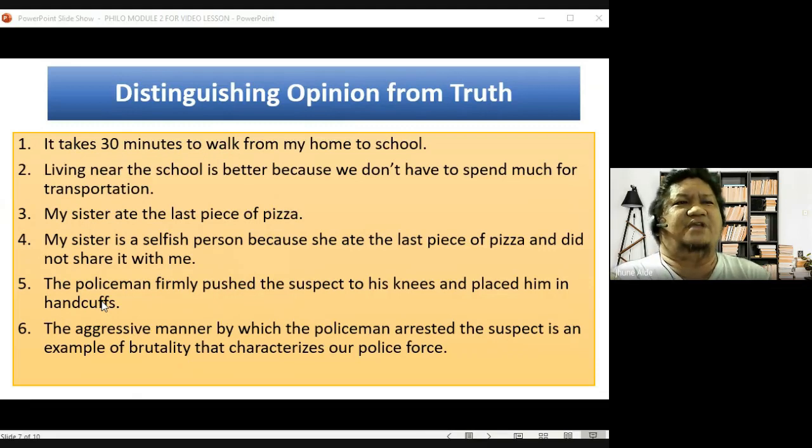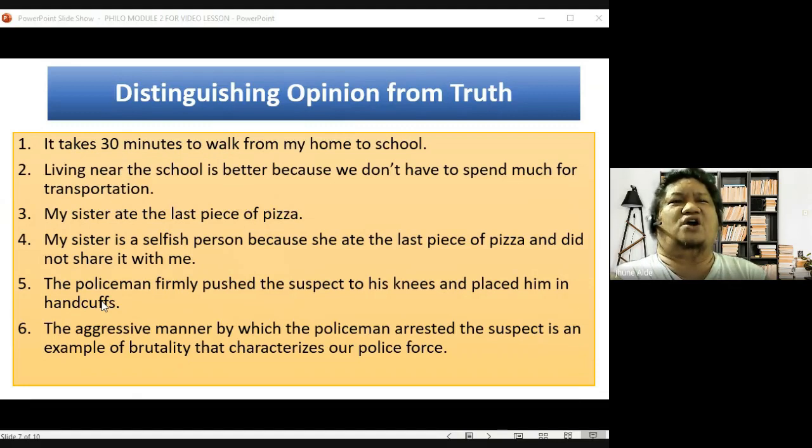And on the other hand, if you chose number two, four, and six as opinions, you are correct. Okay? These statements go beyond providing facts. They also provide conclusions or perspectives regarding certain situations.